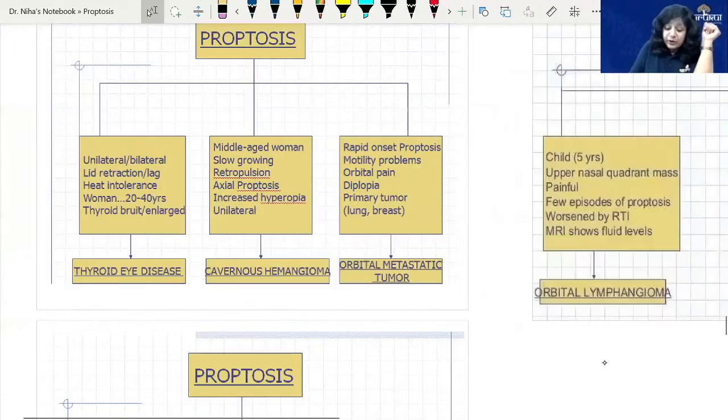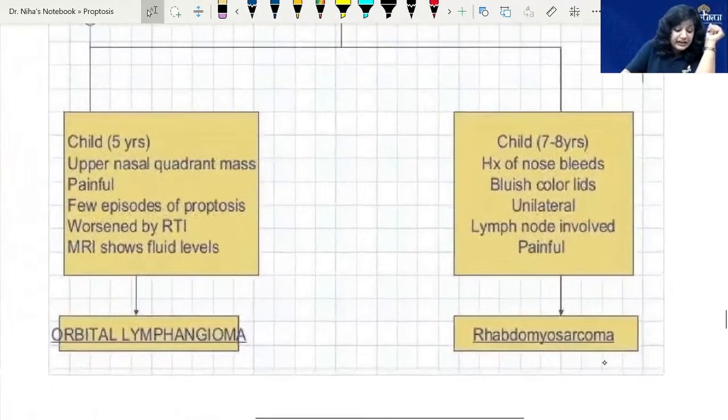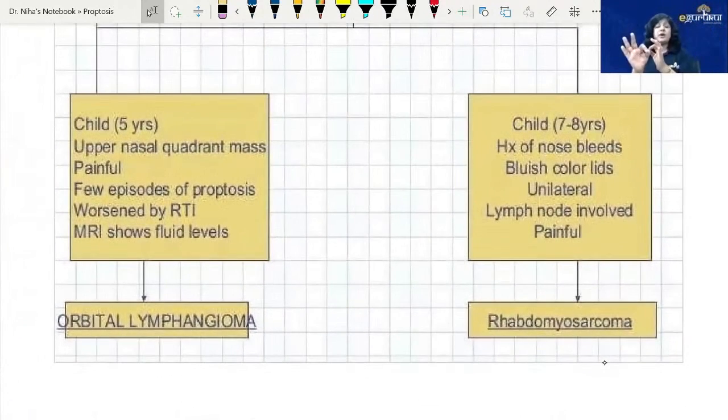Then another important thing where you can have a very typical clinical scenario, where you can just tell the answer going by the scenario. If I have a child just 5 years old, and I'm having an upper nasal quadrant mass. Now they can tell you this in the theory, or they can also give you an image. An image based question could also be there, that this is a 5-year-old child coming with this mass and it is painful.